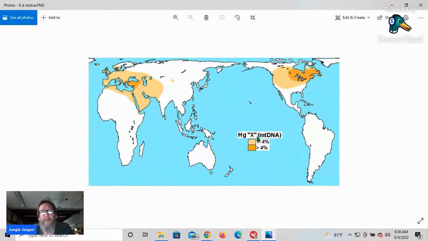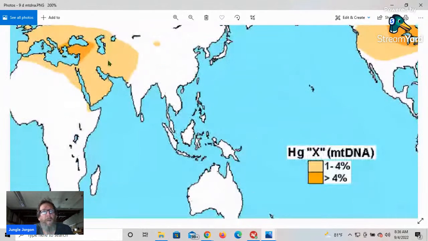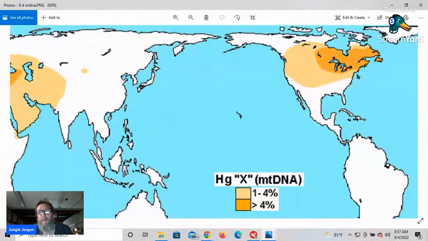There's the X mtDNA in Europe and in America, in the area of the Great Lakes region.